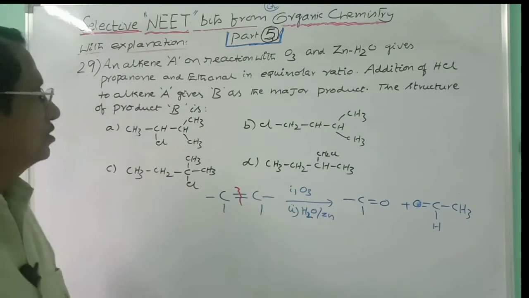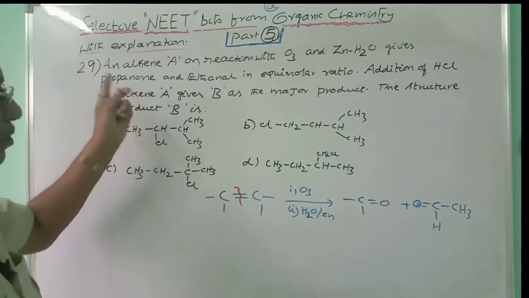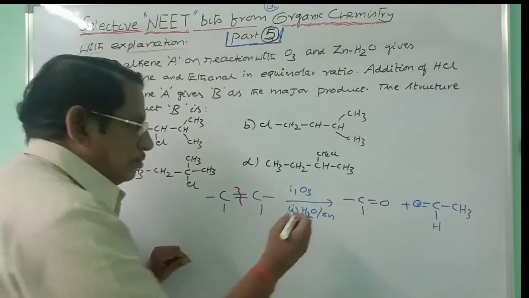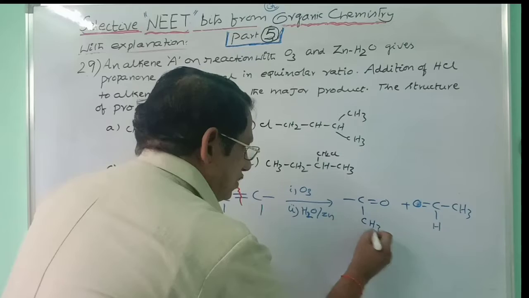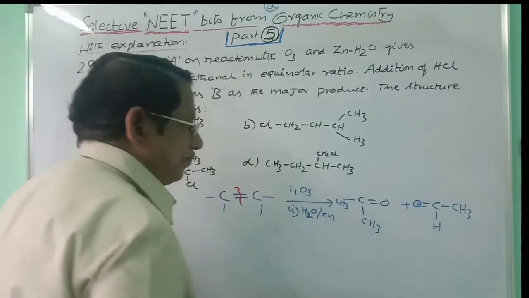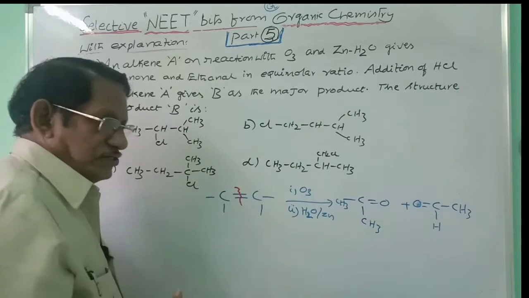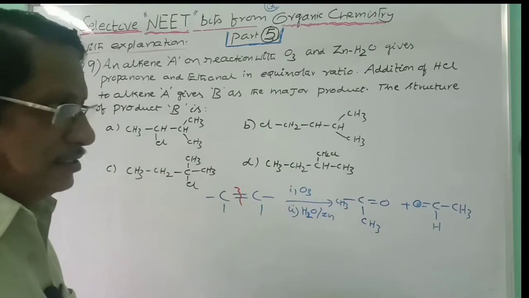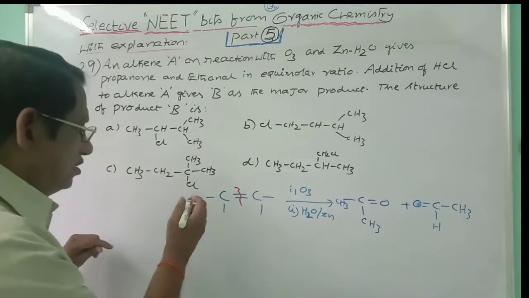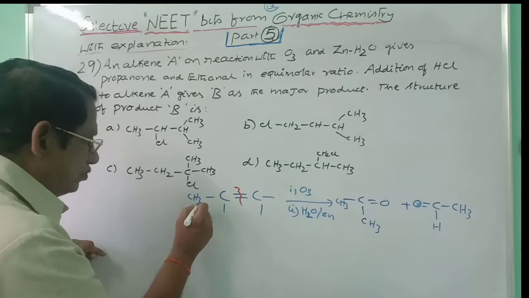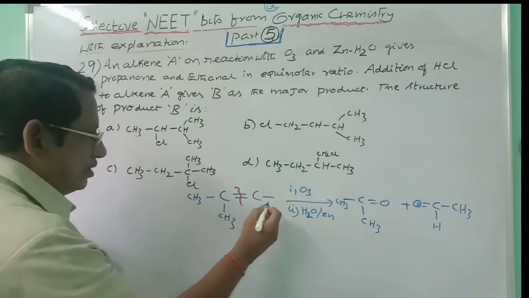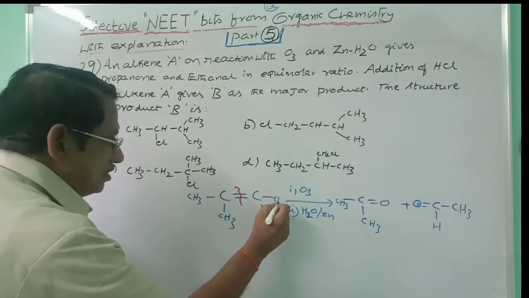What is the other product? Acetone, propanone, that means dimethyl ketone. So you have to write CH3 here. These are the 2 products obtained when ozonolysis of the alkene takes place. And what should be the alkene here? Fill up the gaps. In this one you take 2 CH3 groups, and in this one you take 1 H and 1 CH3.